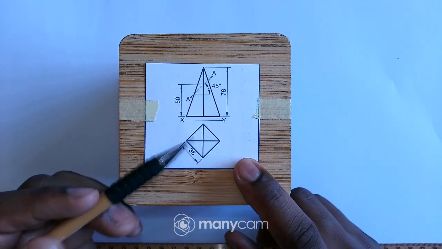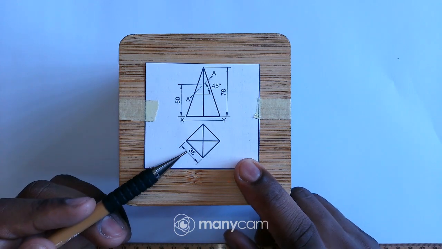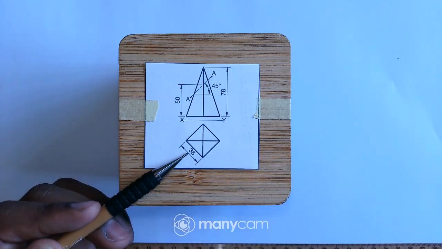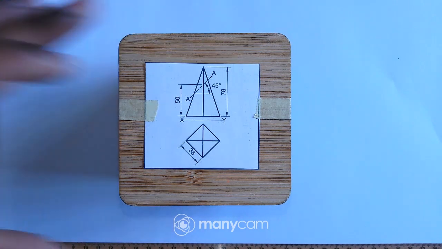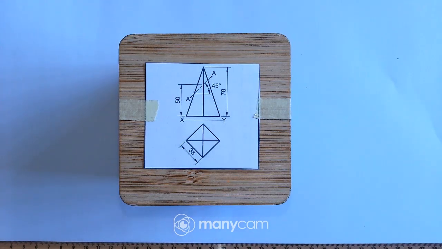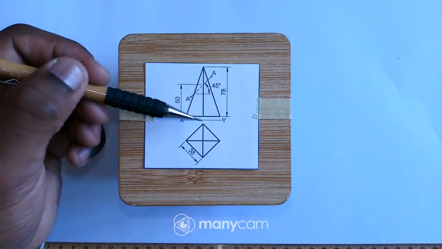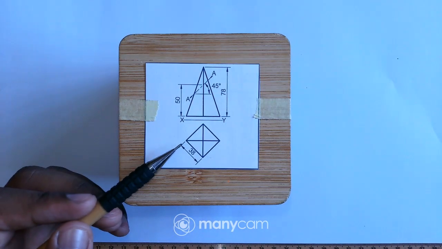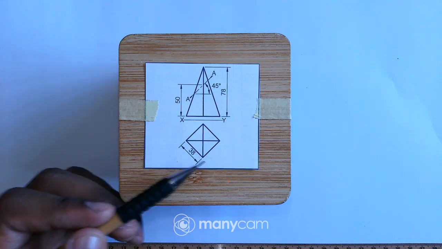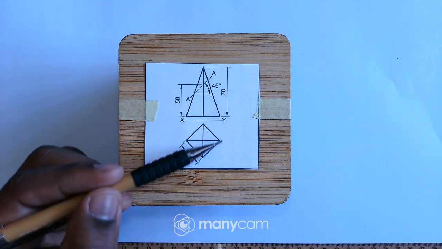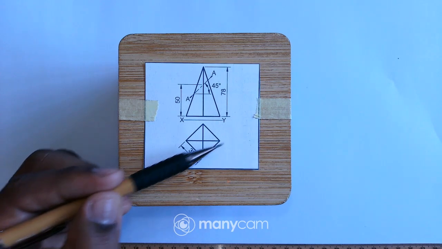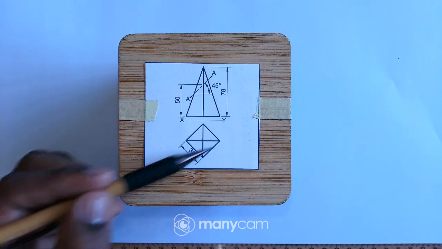So I can just draw a circle first. I will just say this is our diameter, 38. I'll divide that by 2, which is 19. So I'll take my compass and measure 19. So obviously this is a square and we are given the measurement there, which is 38. I can just draw a circle first in light construction and then draw the square just outside the circle.